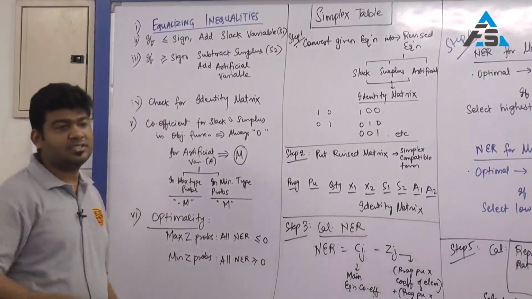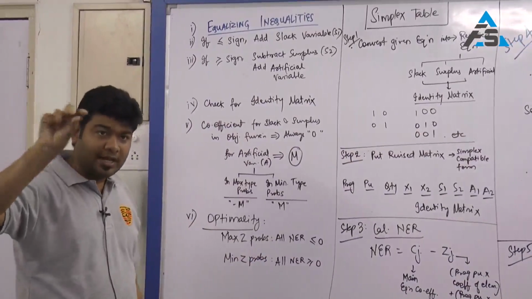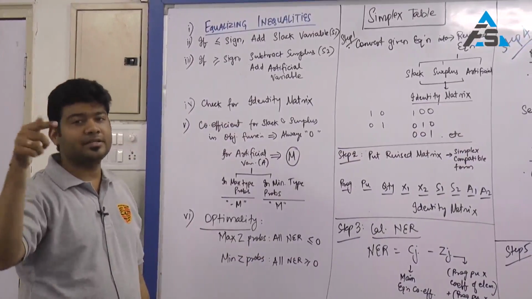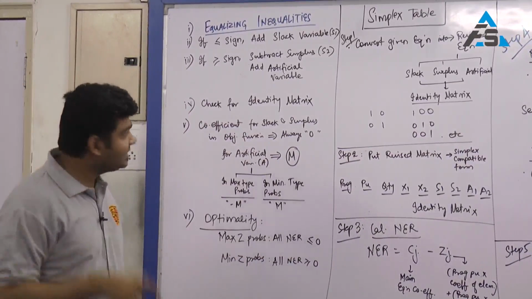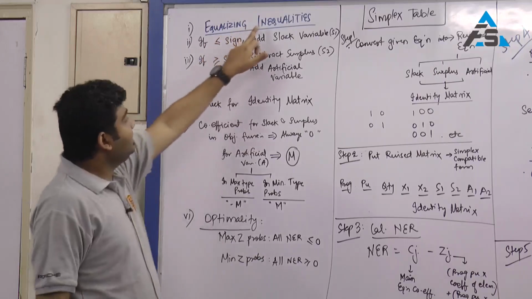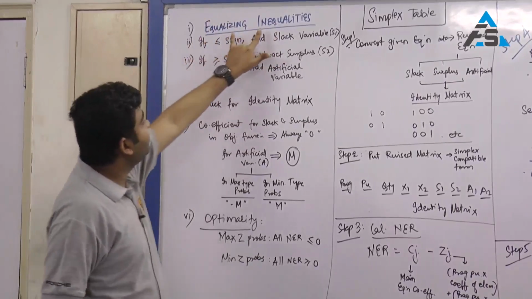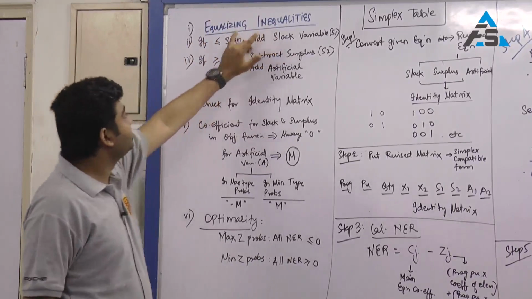Then in that case we see that there is an inequality, greater than or equal to, less than or equal to. So there is not only equal to, but there is a greater than or less than as well. If it is greater than, or if it is less than, then it is an inequality which I have to equalize. So the fundamental that I am using here is equalizing the inequalities.